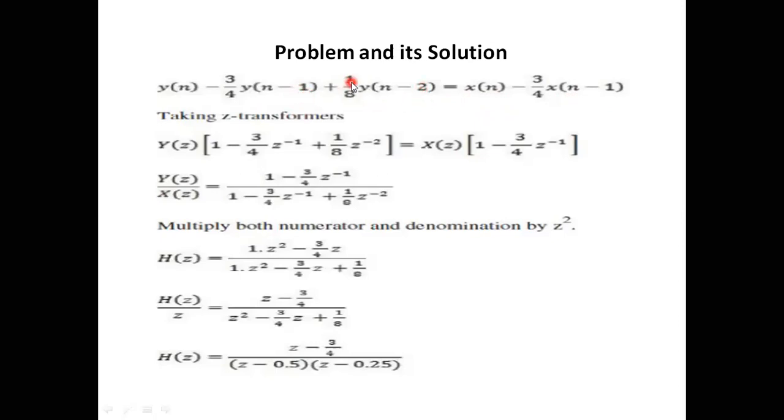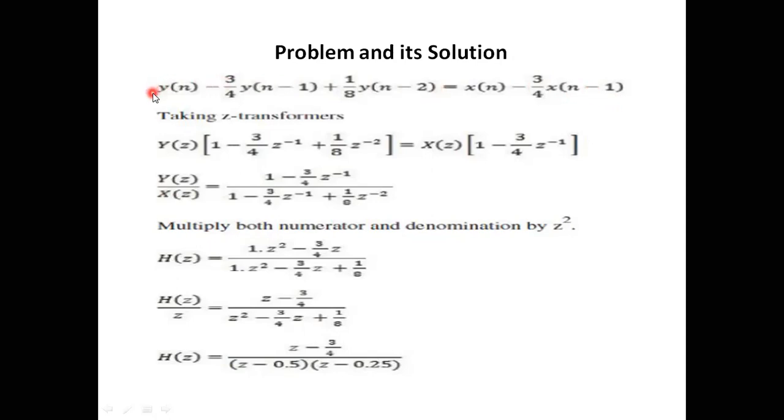And what about this 1/8 or minus 3/4? These are the coefficients. Here the coefficient is 1 and y[n] is delayed by 0. Similarly, minus 3/4 is the coefficient of x[n minus 1], and x[n] is delayed by 1. Minus means delayed. For this difference equation, you have to find the impulse response.